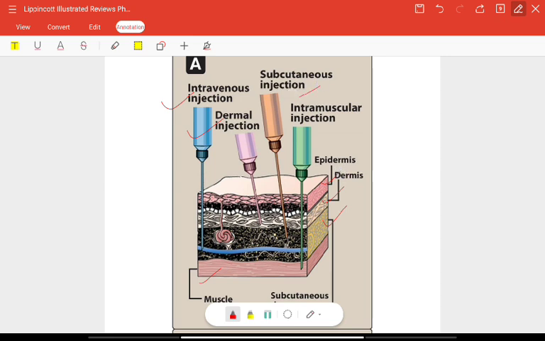Subcutaneous injection goes below the dermis layer. IM injection is inserted directly at a 90-degree angle, and IV injection goes directly into the bloodstream, and this bypasses the absorption process. For the rest of the injections, there is the stage of absorption.